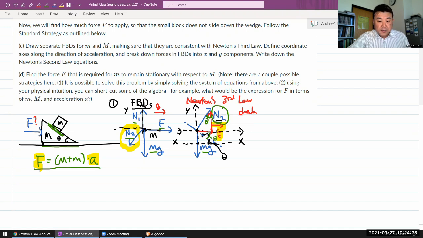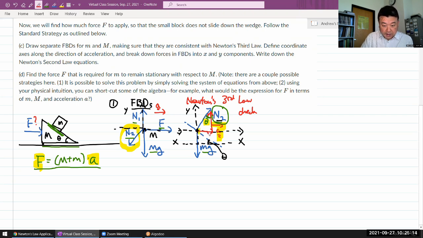Because people sometimes get into the habit of just associating x with the cosine and y with the sine, and maybe that works out 50% of the time. So I decomposed my forces and I identified this angle theta. And I might as well do the step of writing down the expression for the magnitudes of these components now.